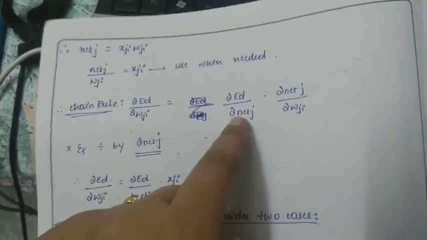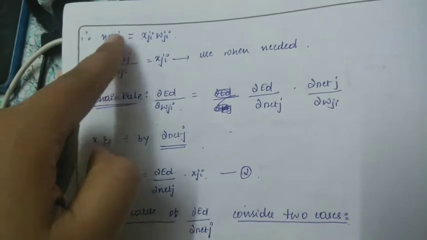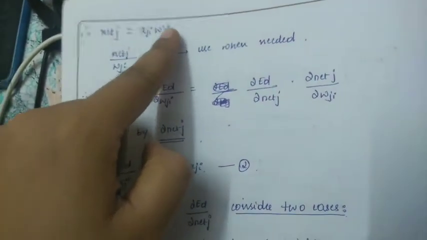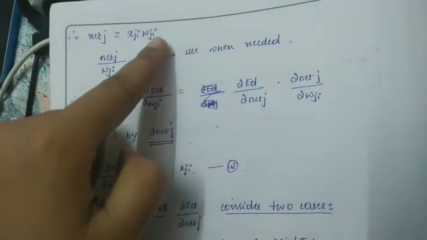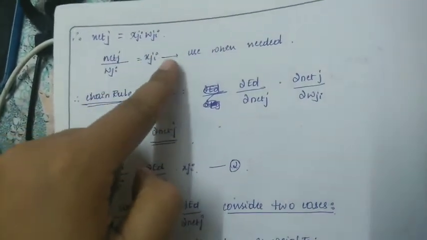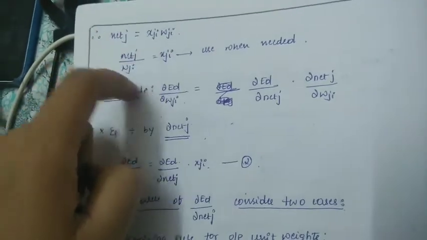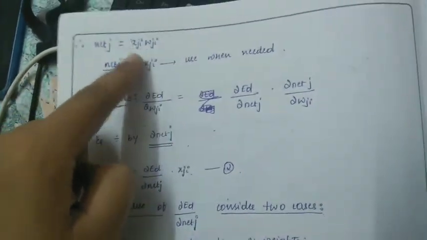Why I have written net_j here is, we know that net_j is a product of input and the weight. So when I differentiate net_j by w_j, it is equal to x_i. That's why I have written it like this.